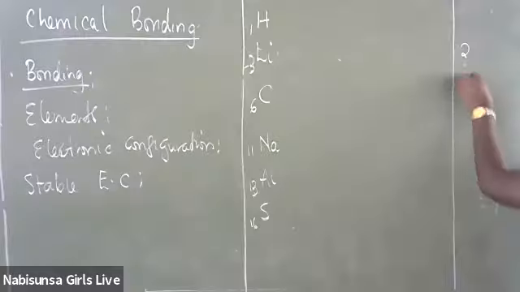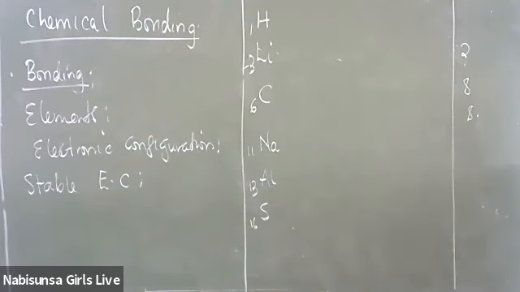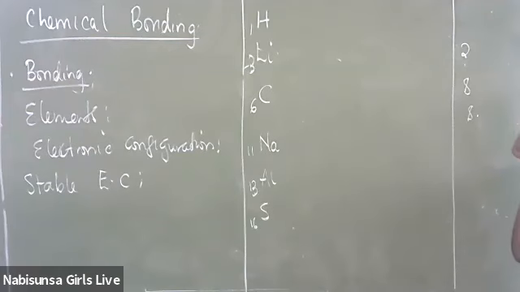The rest take a maximum of 8. When you're filling up these energy levels, the first room takes a maximum of 2 people. Before you fill other rooms, you must ensure that the first one is filled. When you go to the next room, ensure that it is completely filled before you go to the third room.